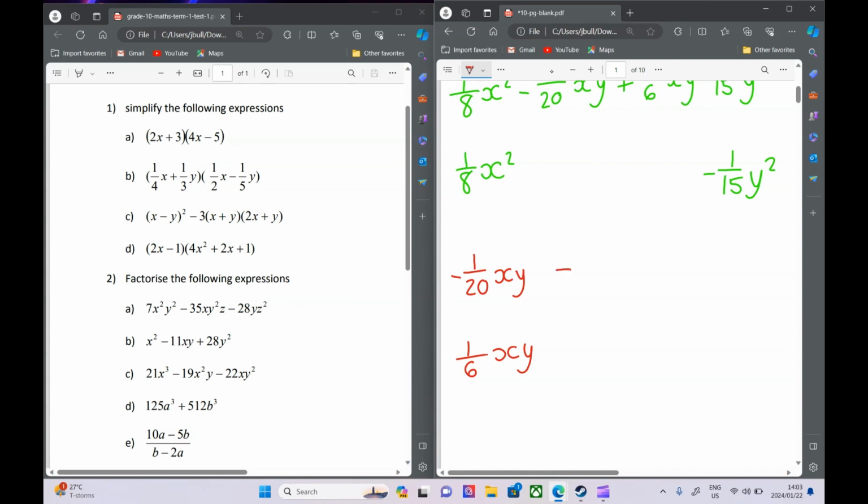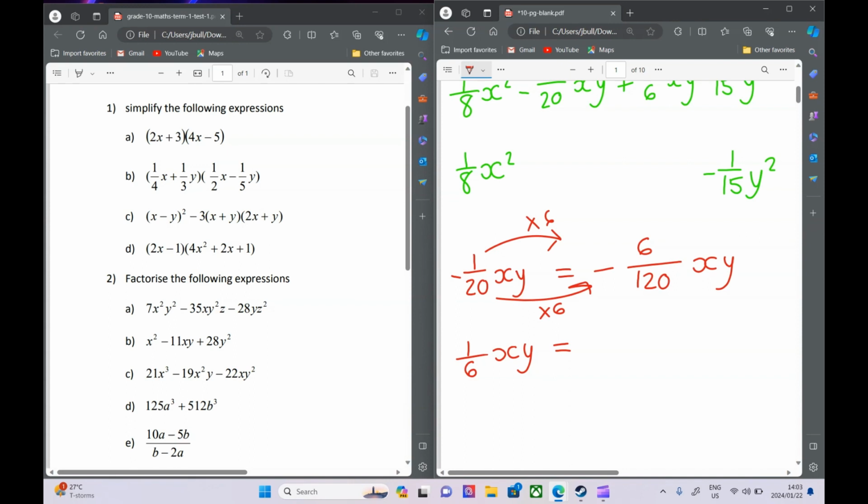Okay, so we can choose anything. What I'm going to probably do is say 120 because I know that these both go into 120. So to get this first one, at the bottom I have to go 20 times 6 will give me 120. So at the top I have to do the same, times 6. So I'm going to have 6 like that. This one, exactly the same.